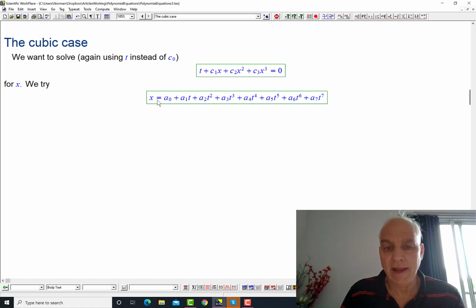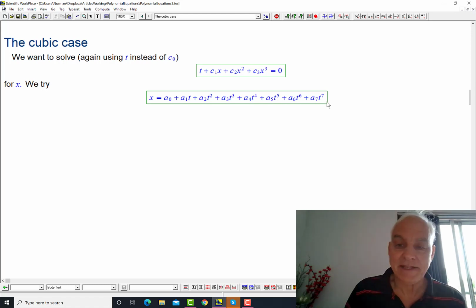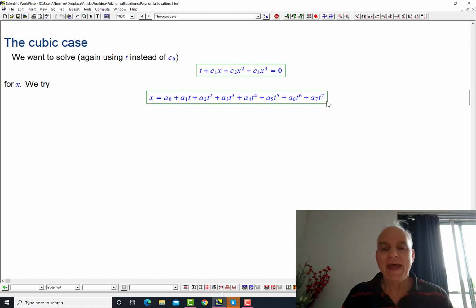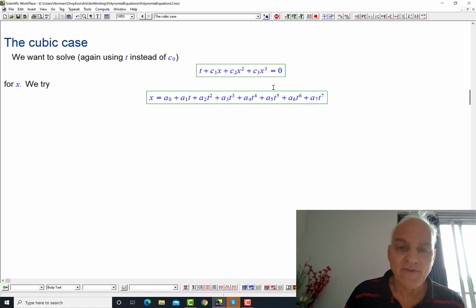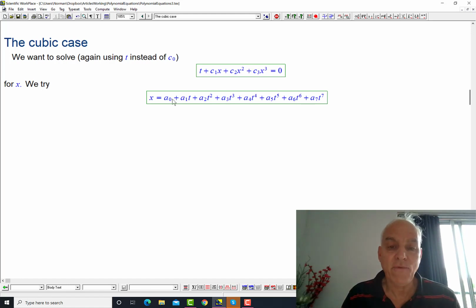We'll just write x as some unknown power series in t, and we'll choose, say, going up to degree 7, a little bit more than 5, but less than 9, so it's a compromise. And we'll see what happens when we plug this thing into this equation and see if we can find out what the a_i's are in terms of the c's.